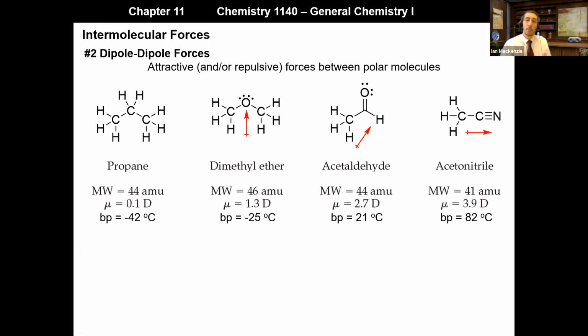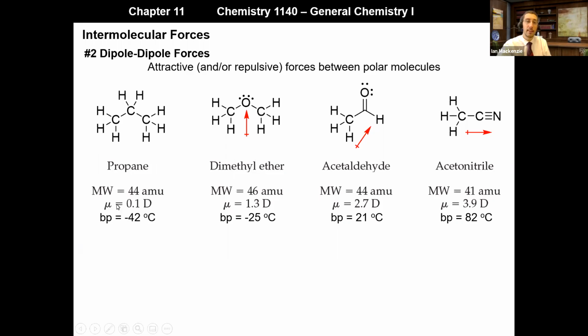And if we look at their boiling points, which remember is a measure of the strength of the intermolecular forces, we'll notice that with almost no dipole moment here, we have very, very small dipole-dipole forces. Really, we would say we have essentially none for propane, and it has a very low boiling point.